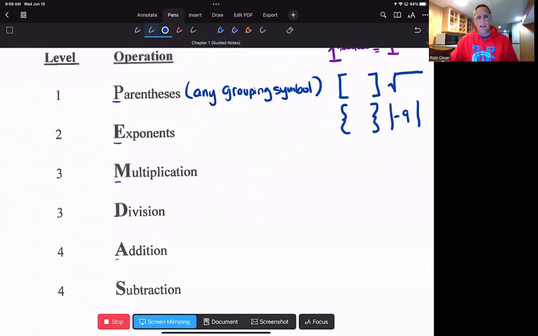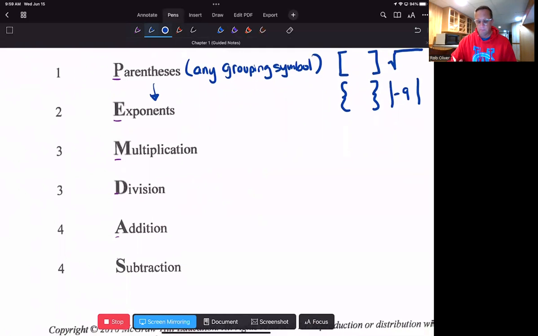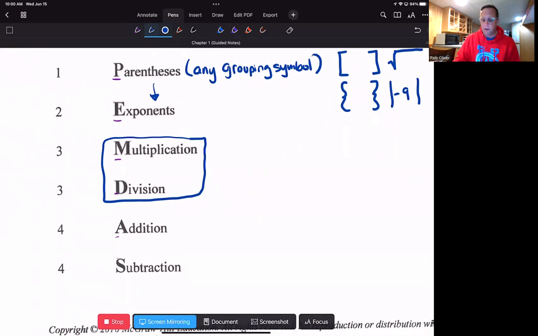All right, and once you've taken care of parentheses, you're going to go on to exponents. All right, which we're talking about today. And then right here, I'm going to draw a box around multiplication and division, because in the acronym, please excuse my dear Aunt Sally, all that stuff, multiplication comes before division. However, it's a big capital H, not however. Multiplication does not necessarily come before division.